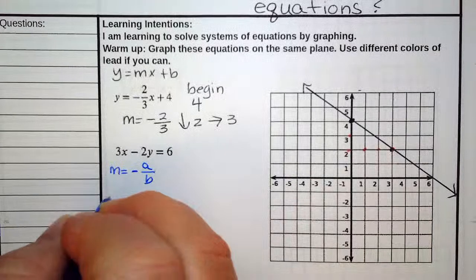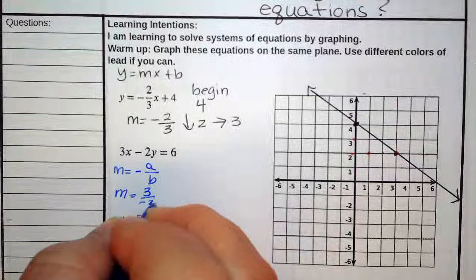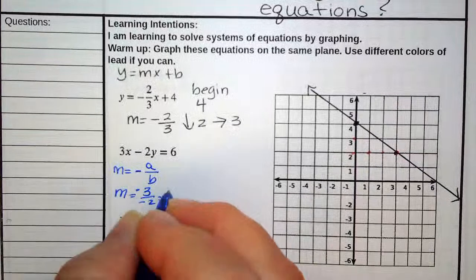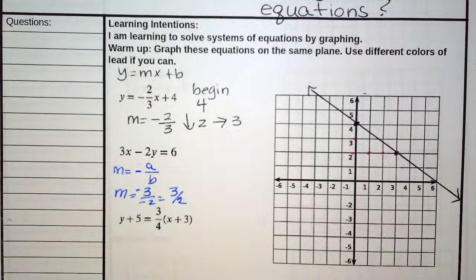Well, that would be the opposite of 3 over negative 2, which would be 3/2. I can do it that way. But I also notice that both 3 and 2 divide evenly into 6. I can find those intercepts.